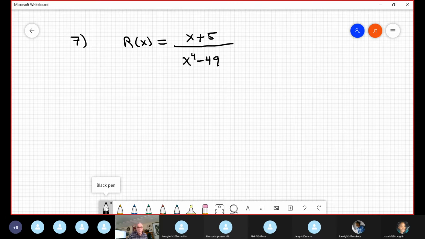Well, the first thing you should do always when you face the rational function is express it in factoring form. On the top, stay the same. But the bottom, no.